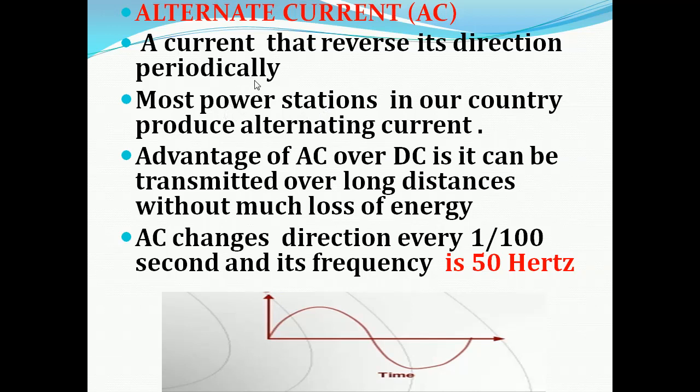Periodically means at a particular time interval it will reverse its direction, and most power stations in our country produce alternate current because it can be transmitted over long distance without much loss of energy.